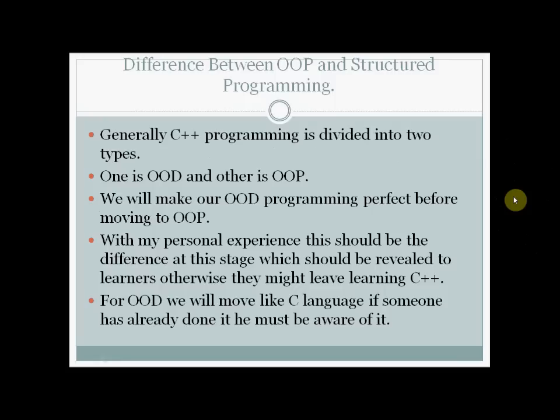One is OOP and one is OOD, and we will perfect our OOD programming before moving on to OOP, and you will get everything when you are in OOP programming, because that is something different. And if you have learned C language or any other language before, then you will have many concepts already cleared in these coming tutorials.